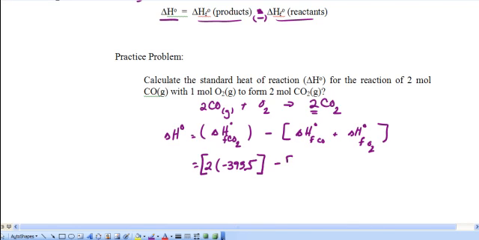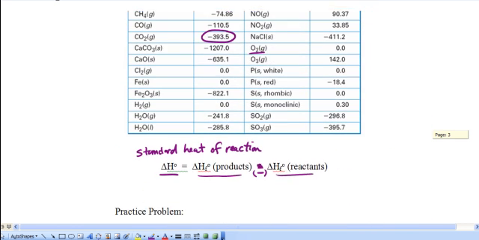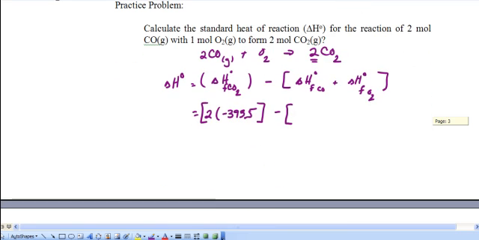Now we're going to subtract out everything with the reactants. Well, the carbon monoxide is a negative 110.5, but once again you have 2 of them, so you have to put a 2 out front, plus the formation of the oxygen. Oxygen is a gas. It's already in standard state, so that's a 0.